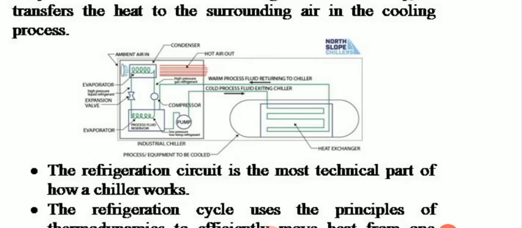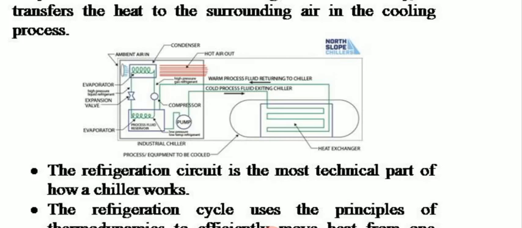Now we shall see the working of this chiller plant. The chiller works like our refrigerator in our home. The same principle is applied here also. So the refrigeration circuit is the most technical part of this chiller unit.